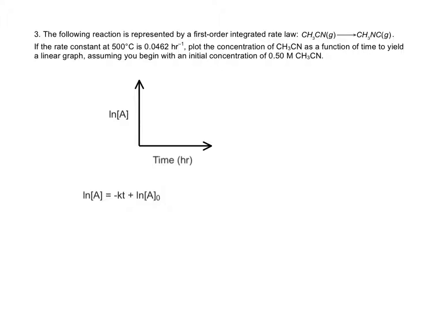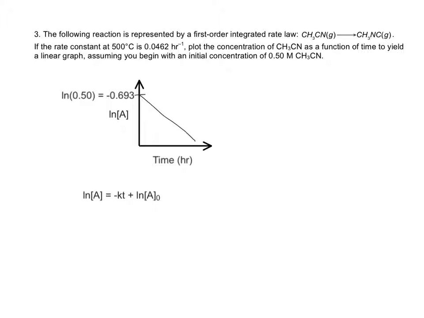All right, so our initial concentration we'll plot here, and it'll be the natural log of the initial concentration. So the natural log of 0.50 molar is negative 0.693, so that's that unit on our y-axis, and we're going to get a straight line going down, right, and the slope of that line is going to be negative 0.0462 because that's our rate constant.